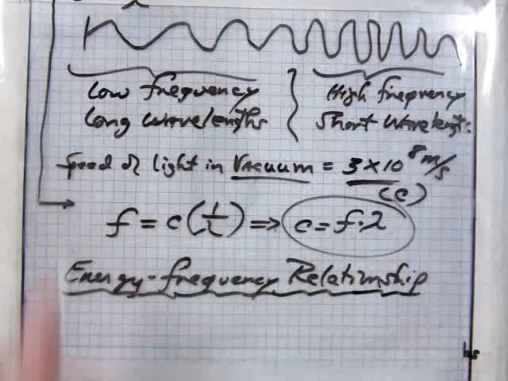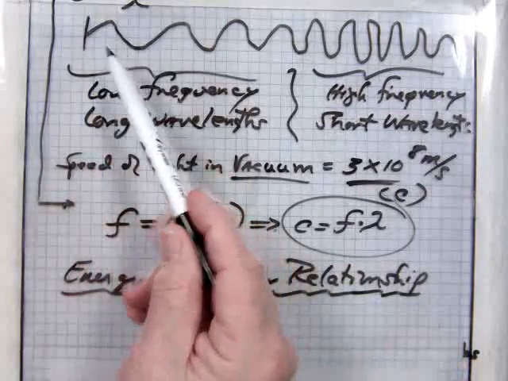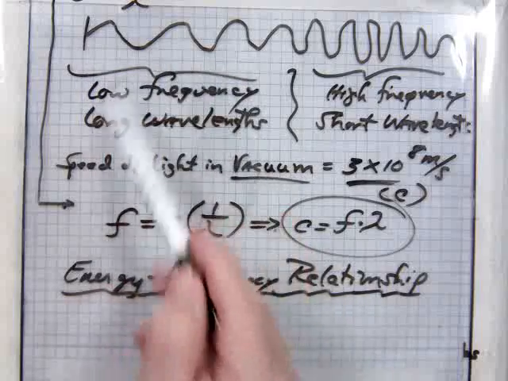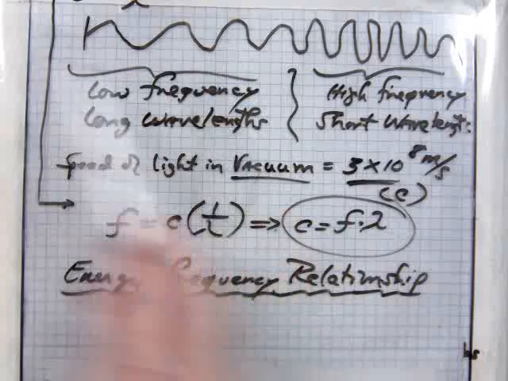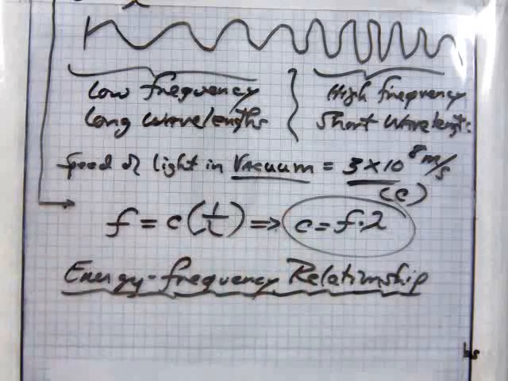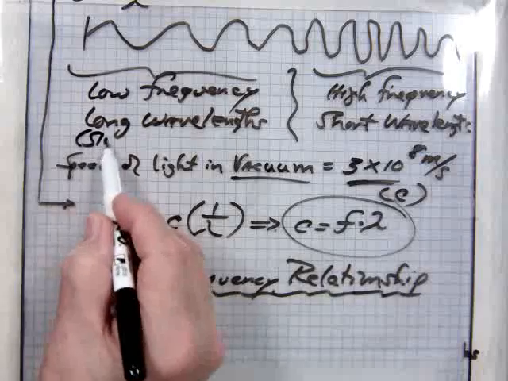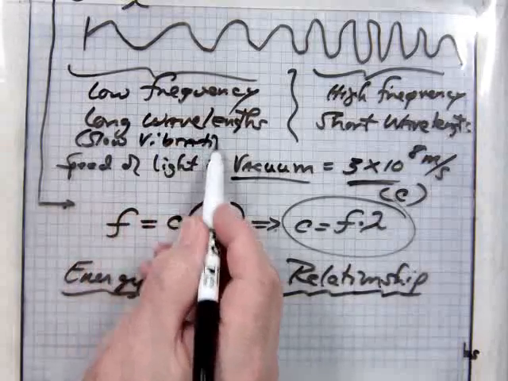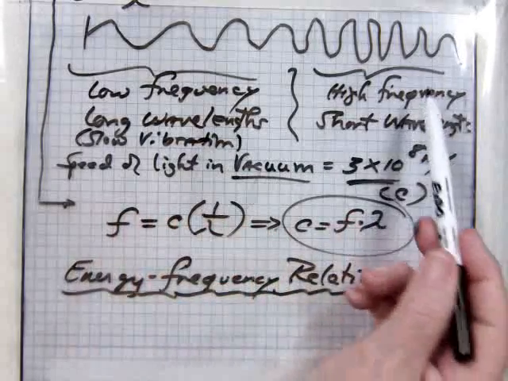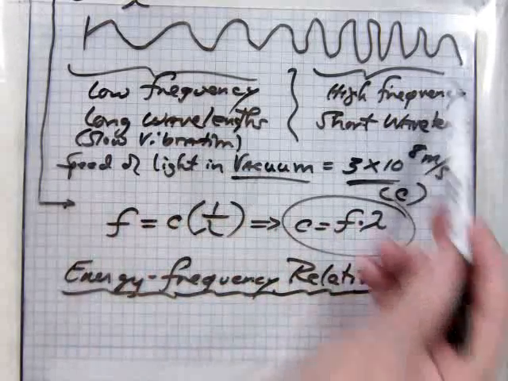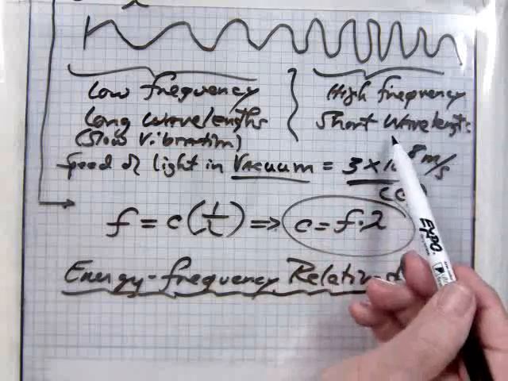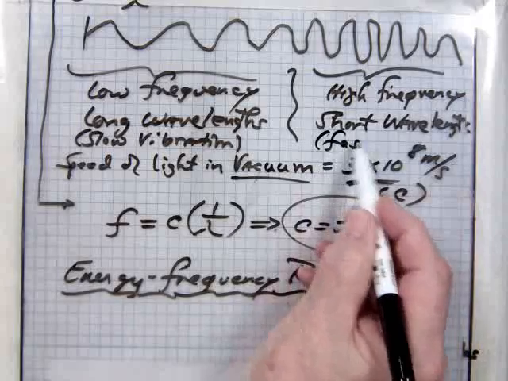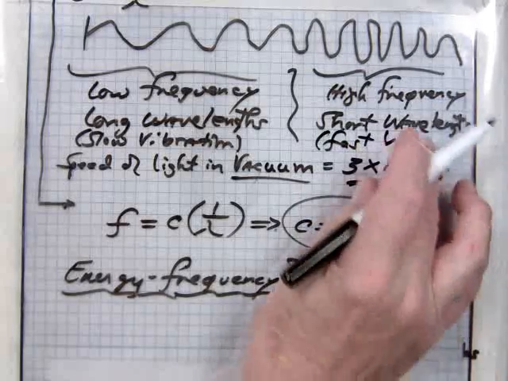Now, up here, I showed you earlier that if you have long wavelengths, you have low frequencies. That's a slow vibration. But on the short wavelength end of this diagram, we have high frequencies, or fast vibrations.